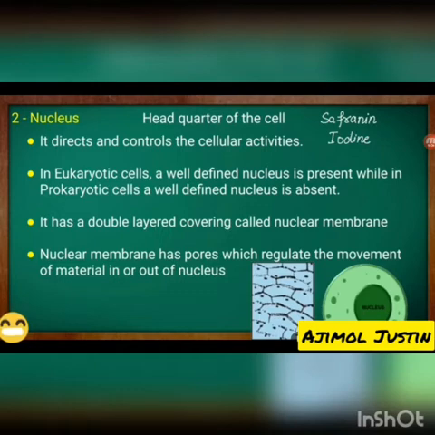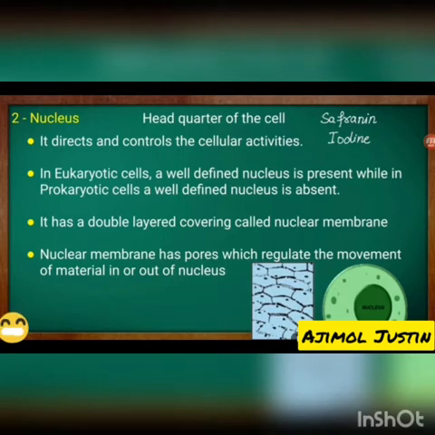And they are called prokaryote. And those who are having this nucleus are called eukaryotes. Eu means true. Karyote means nucleus. Eukaryote means they are having a nucleus, and prokaryote means they do not have a nucleus.